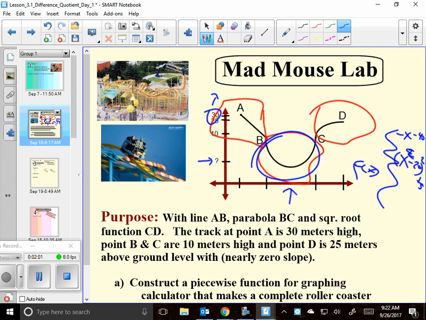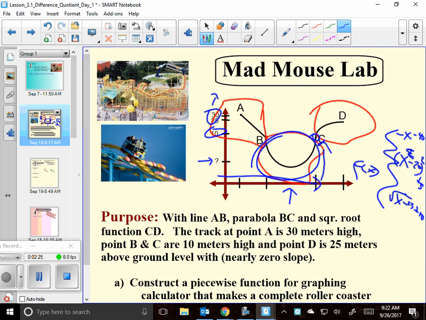You have to be more careful than I'm being right now, but this last part's a square root of x, except I need it to start right here, so I figure out how far over and how far up to move it. Let's say I move it over like 25, and then I move it up like 10. And there, I've got it, I just don't have my domain. It seriously can go quick.